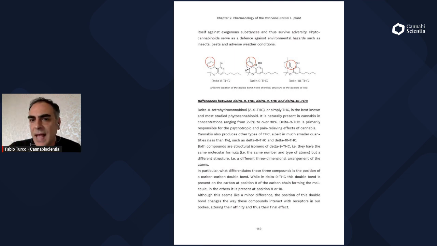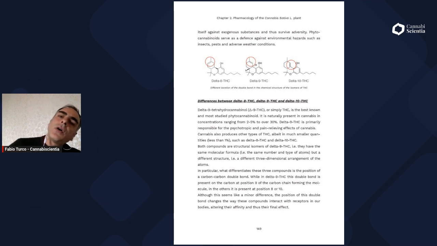In the middle, you can see delta-9 THC, and inside this red circle there is the double bond that, on the molecule of delta-9, is found on carbon 9. Inside the molecule, each carbon has a number. It's useless to explain why, but this one on the top is carbon 9. So this bond is called delta-9, a bond on carbon number 9.